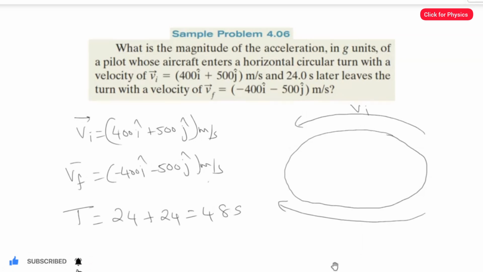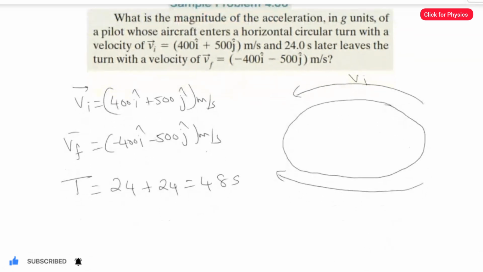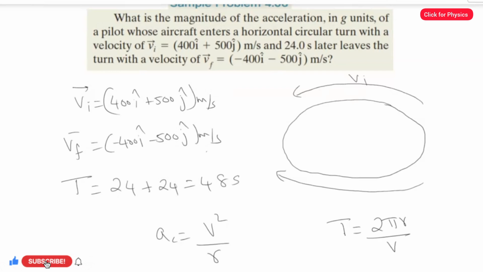What we studied in the theory, we already studied the formula for centripetal acceleration as well as the time period. So let's rewrite the two formulas. Centripetal acceleration a is equal to v square divided by r, and the time period T equals 2 pi r divided by velocity.